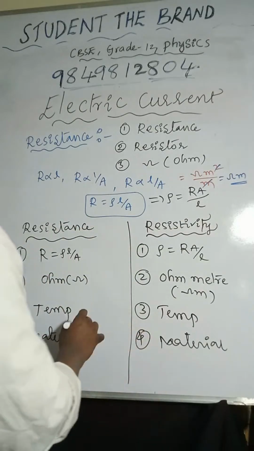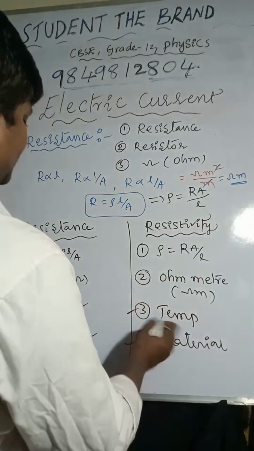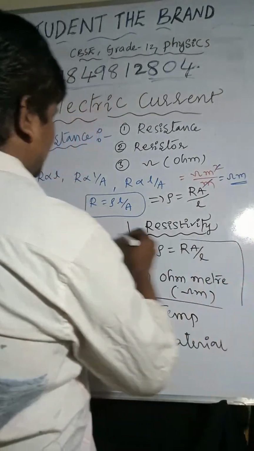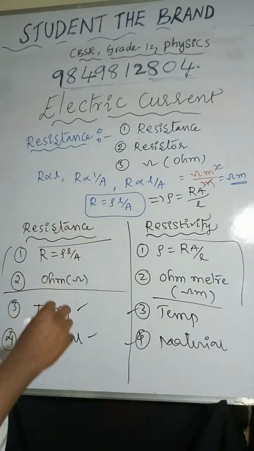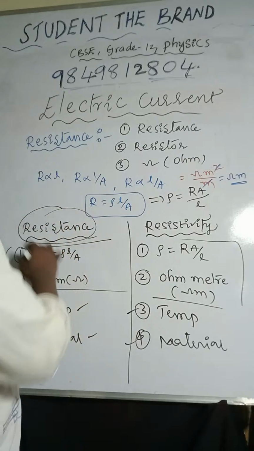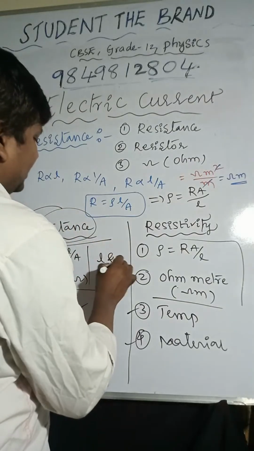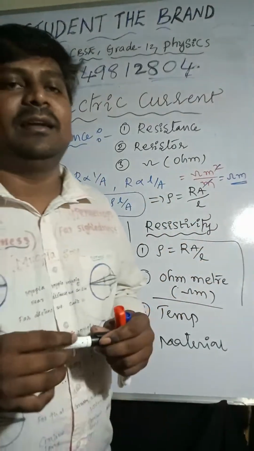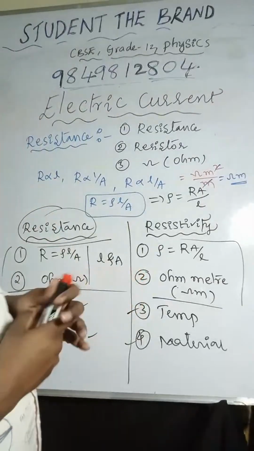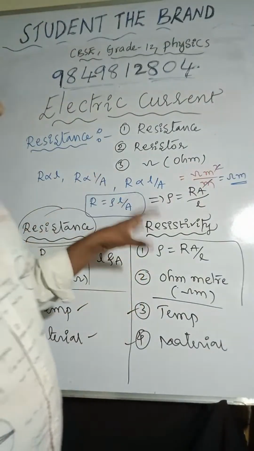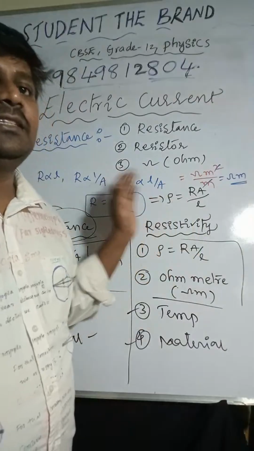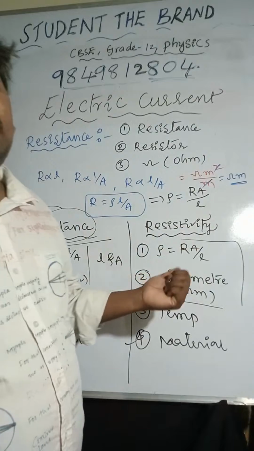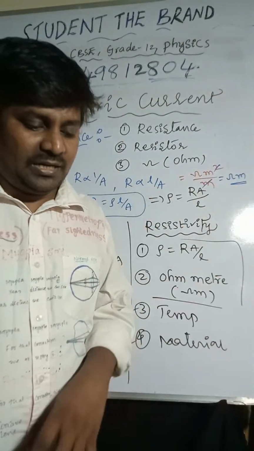These two are similar, and these two are different. One more point is that resistance depends on length and area, but resistivity does not depend on length and area, that is, physical dimensions. Resistivity does not depend on physical dimensions. Resistance depends on length and area.